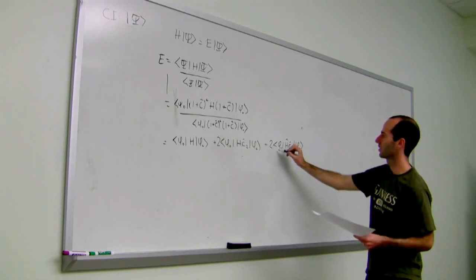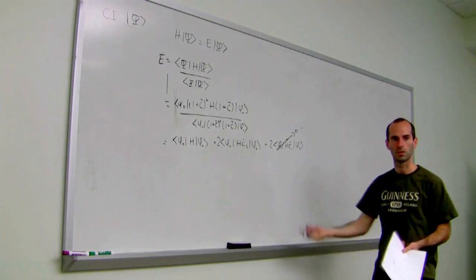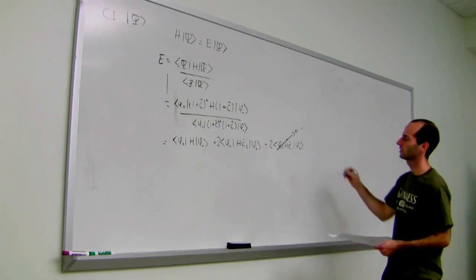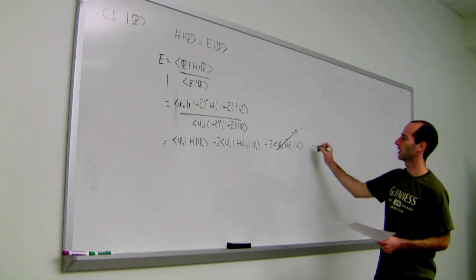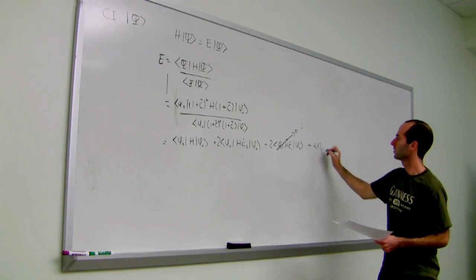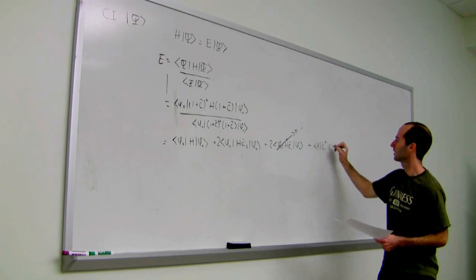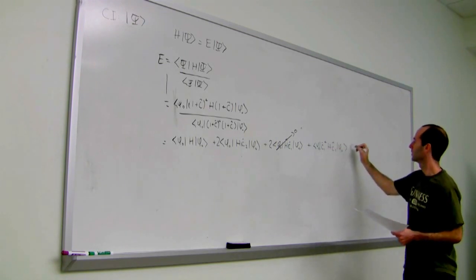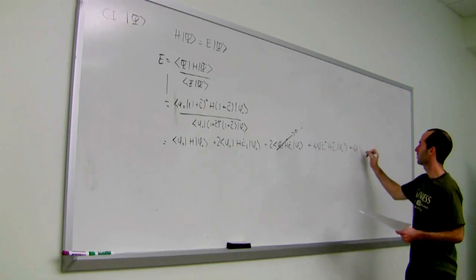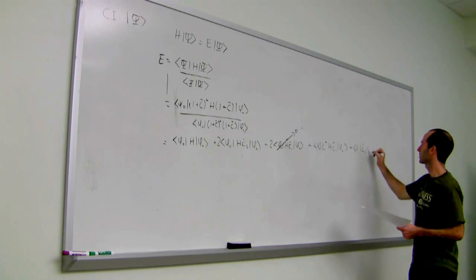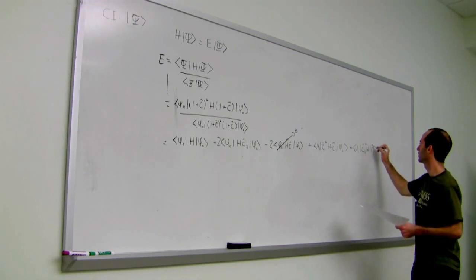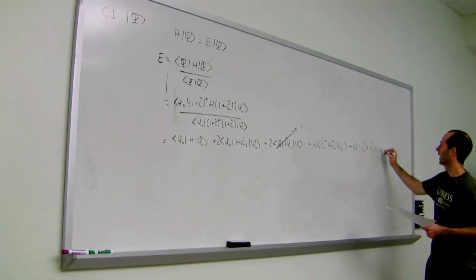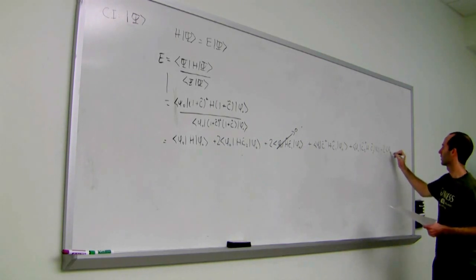But Brillouin's theorem tells us that this is 0 because single excitations don't interact directly with the reference function for an SCF reference. What else? We got the singles interacting with themselves, the doubles interacting with themselves, and 2 times the singles interacting with the doubles.